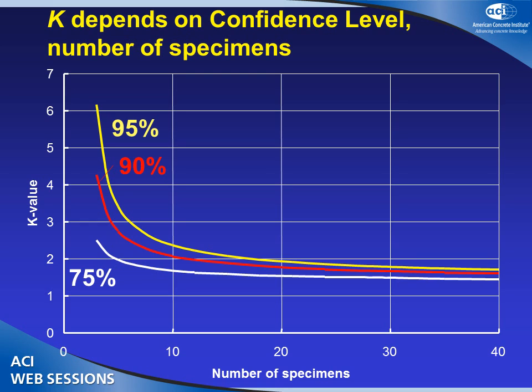If your capacity is really sensitive to the compressive strength of concrete adopted, you might want to use a higher 90 or 95% confidence level, and you can see the K values increase quite markedly for small numbers of specimens for the higher confidence levels. By the time you get to a number like 10 or 20, they're not so sensitive to that.